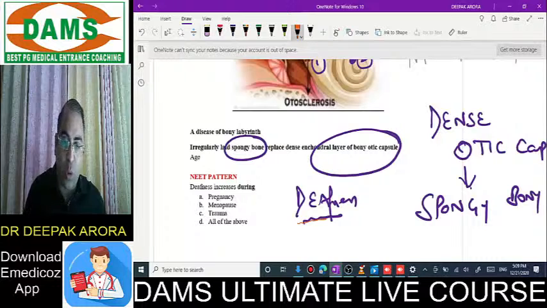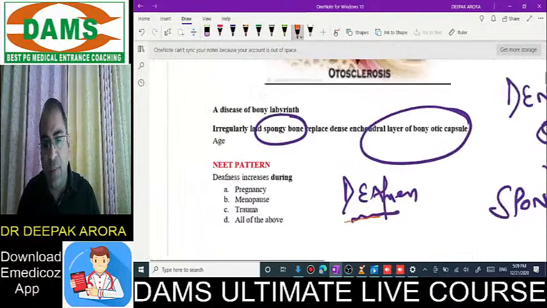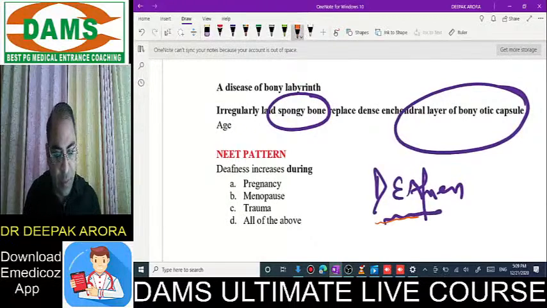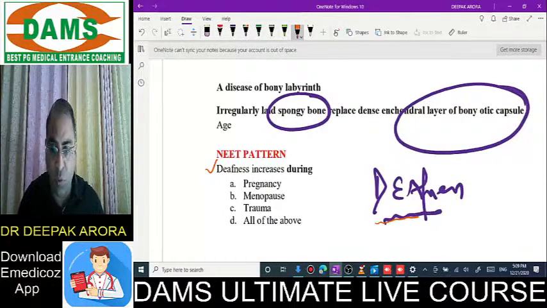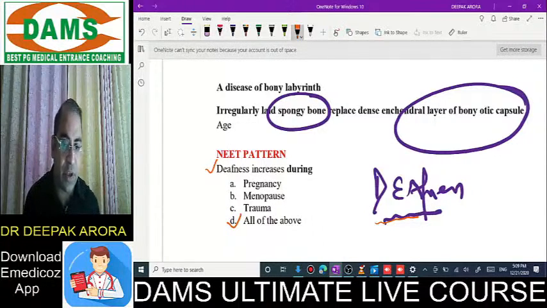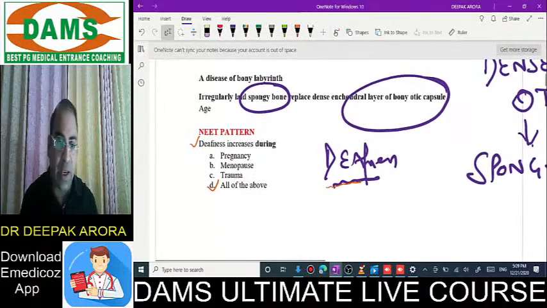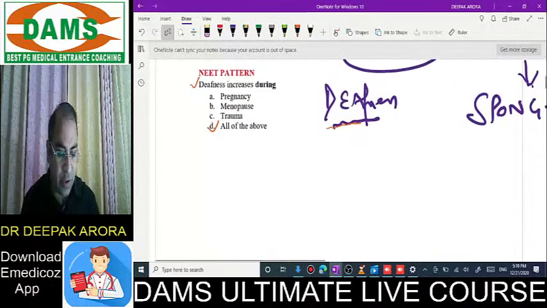It's precipitated by the hormonal changes of pregnancy, menopause, or maybe trauma. So if the examiner asks, deafness, which is the most common presentation of otosclerosis, is conductive deafness. I'll be going into the depth of this, conductive deafness. So just remember, deafness increases during pregnancy, menopause, trauma, all of the above. So the answer will be all of the above. Am I understandable? So the first basic concept, sclerotic bone is replaced and multiple factors are there. Are you getting the concept?